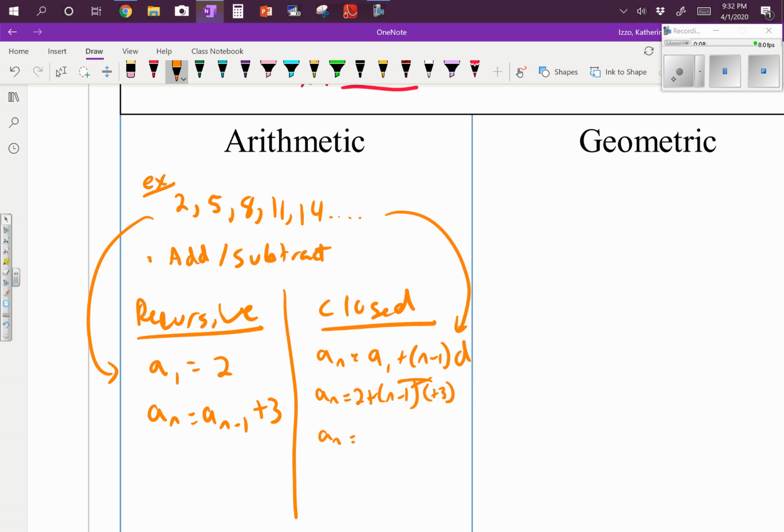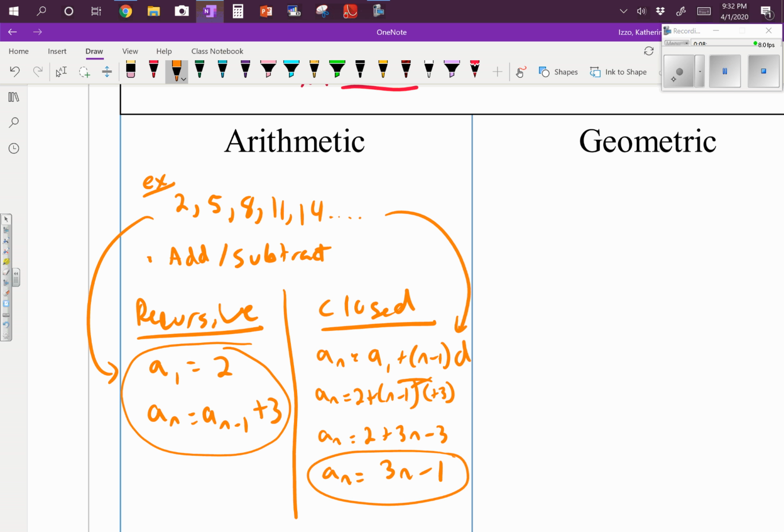So a sub n is equal to 2 plus 3n minus 3, or 3n minus 1, if we're combining like terms. So this would be what a recursive formula looks like. This is what a closed formula looks like if we're doing arithmetic sequences. Arithmetic is when you add or subtract.